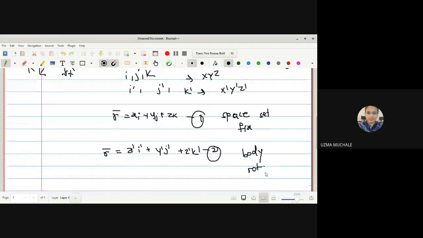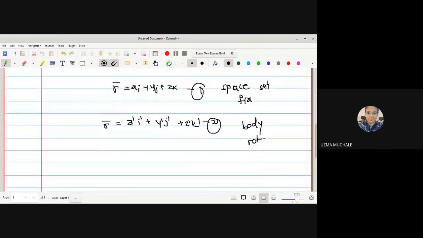Now, whatever equations 1 and 2 we have, we have to differentiate these equations so that we can get whatever we want to find out. Okay, d by dt of the space set of x's is equal to d by dt of the fixed set of x's. Right? We have to obtain the relation between the space set of x's and the body set of x's. That relation we are going to find out with the help of equations 1 and 2. Okay, what do we have to do for this? We have to differentiate our position vector with respect to time.